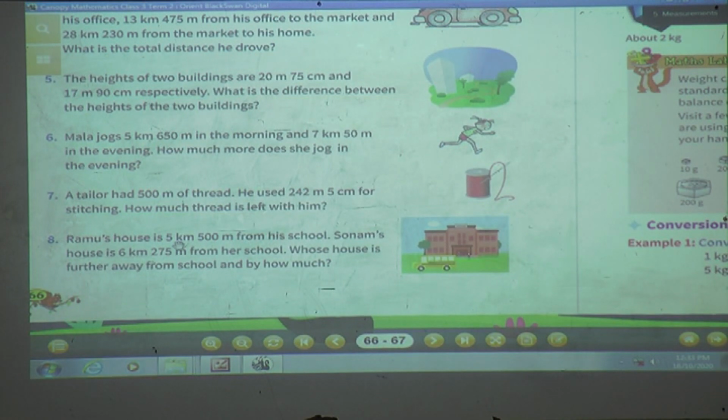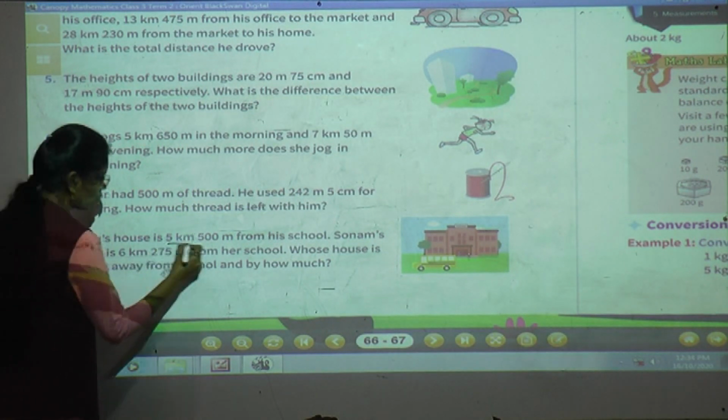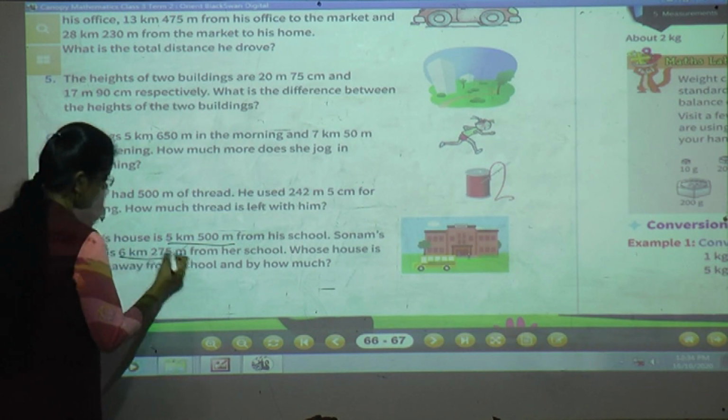See here. The distance of Ramu's house is 5 km 550 meter and Sonam's house is 6 km 275 meter from her school. Whose house is further away? Means whose house is far away from school. Now here you have to see these two values.